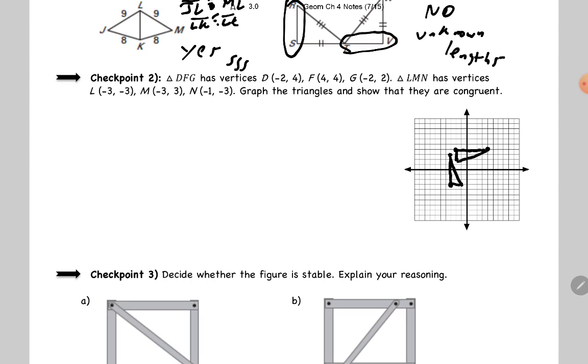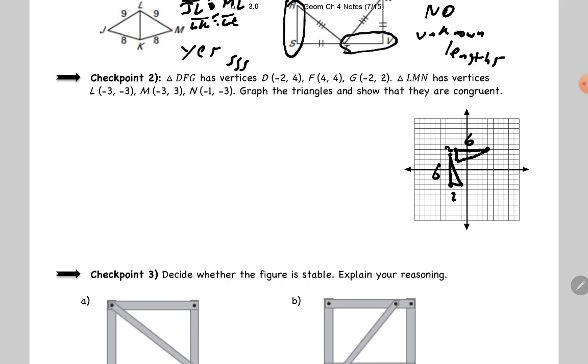So let's check. So 1, 2. So this is 2. And that side is 2 on the other triangle. And then let's look at the long side. This is 6. And then 1, 2, 3, 4, 5, 6. So that's also 6. So we need to find out if that last side is congruent to the other last side.